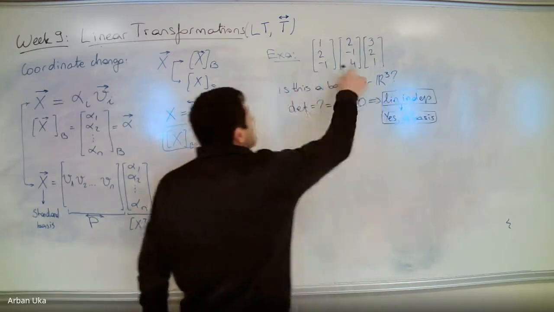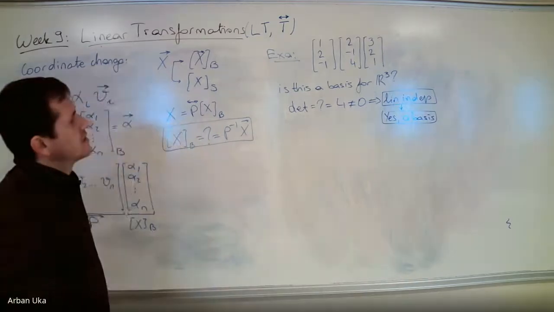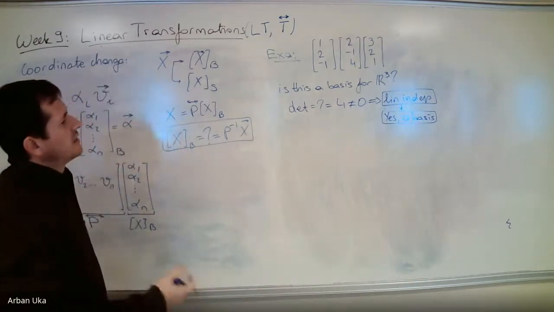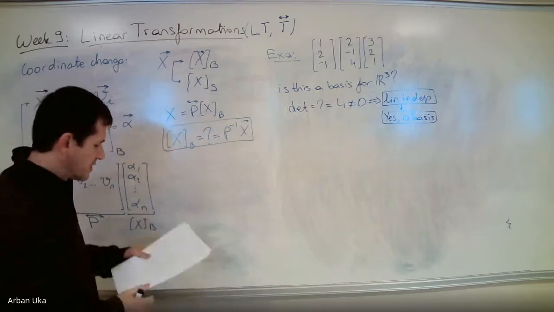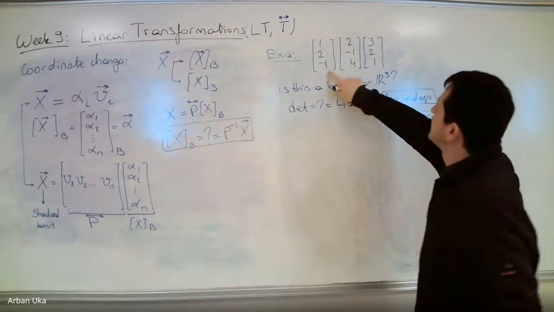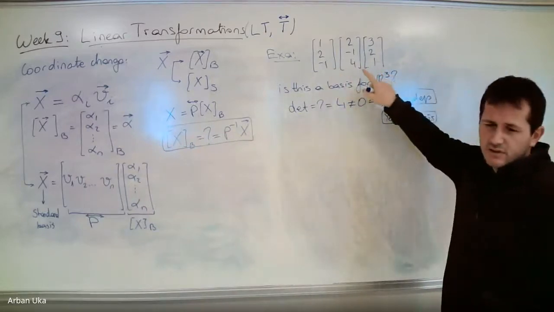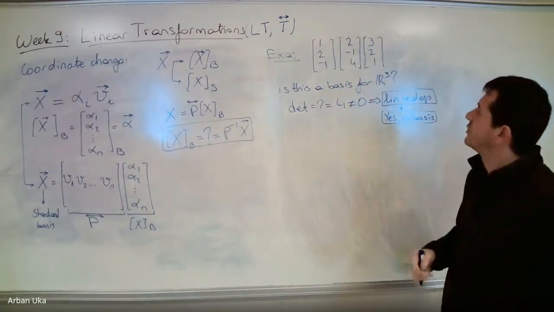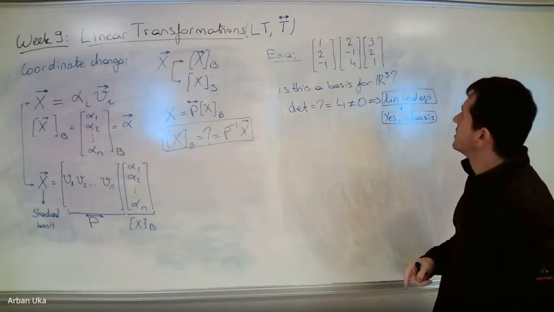So this means that these three vectors can constitute a basis, which means that we can project any vector onto this new basis, or we can write any vector as a linear combination of these three vectors. This is an equivalent way of reporting this.